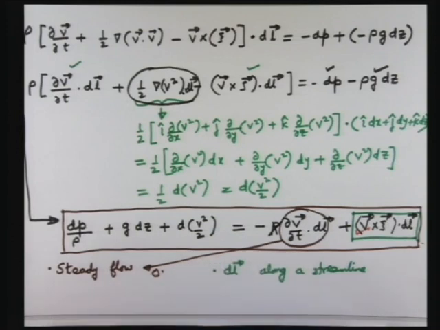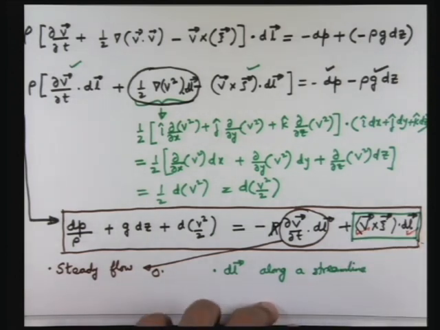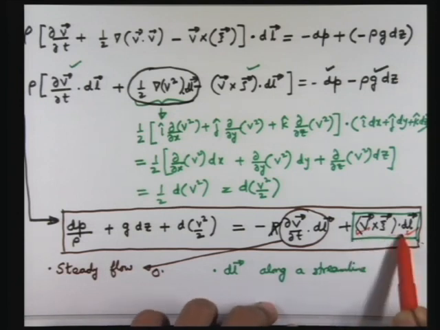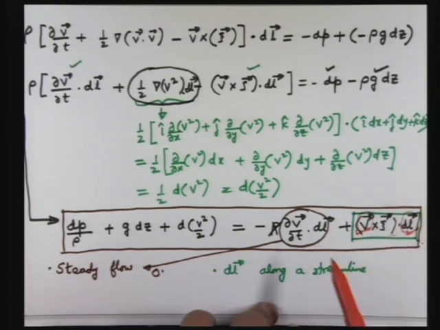V is also along the streamline, because by definition the velocity vector is tangential to the streamline. So v is along the streamline and dl is also along the streamline. So in this vector operation, if this vector and this vector are in the same direction, then this term will become 0.